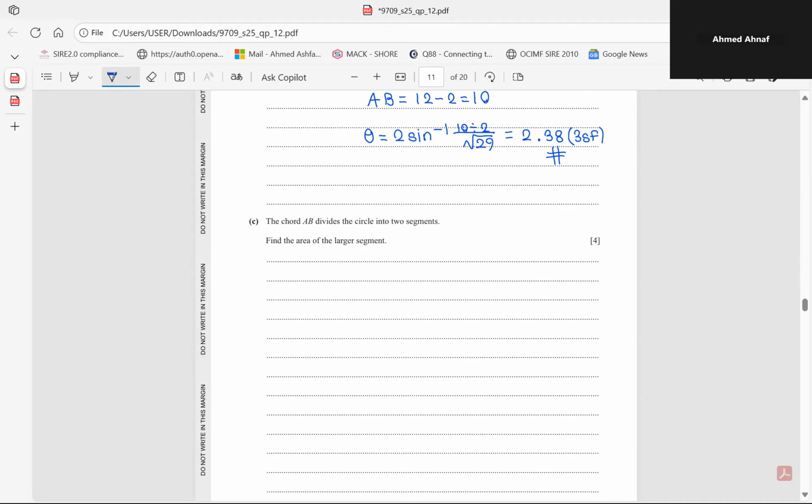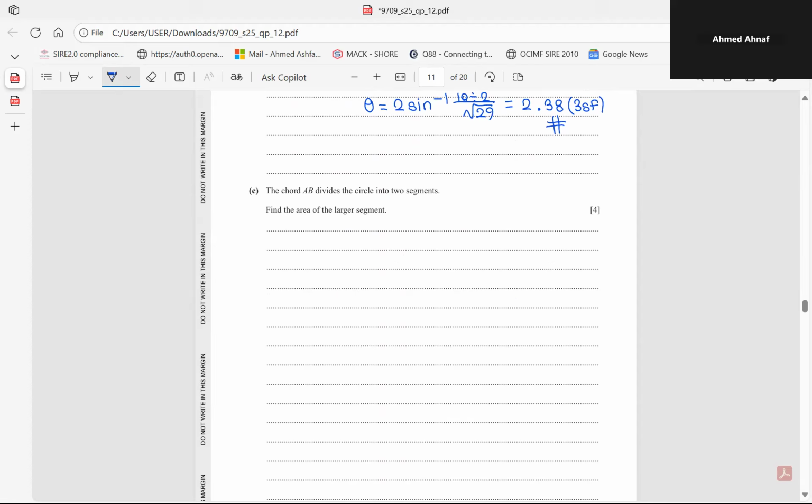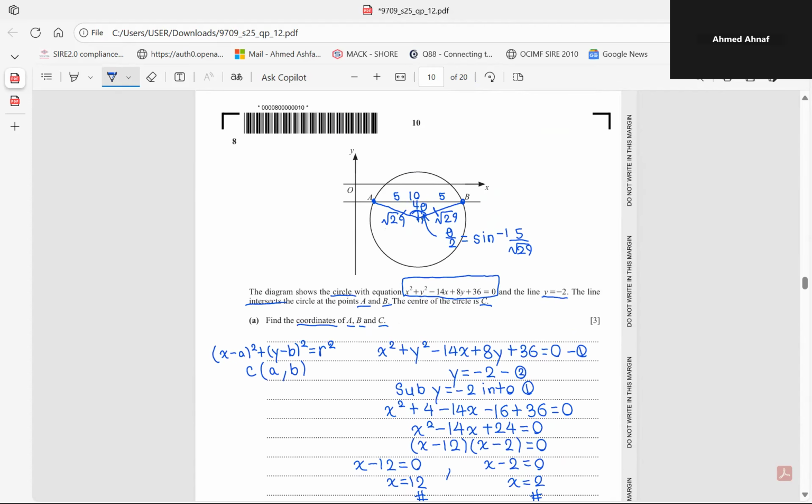Let's head on to the next part. Okay, so here we're told the chord AB divides the circle into two segments. Then we have to find the area of the larger segment. So let's take a look at our diagram here.